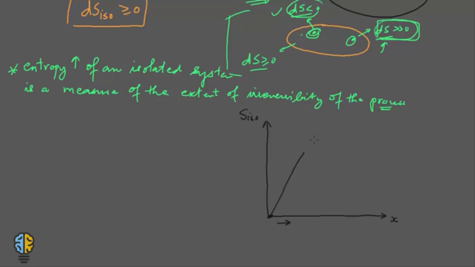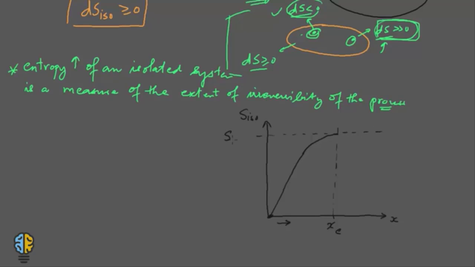So this is how it goes. This is the maximum value. At this maximum value, I would say that the state achieved is a state of equilibrium, XE. And it will stay the same. So there will be no increment in the entropy of the system after this.